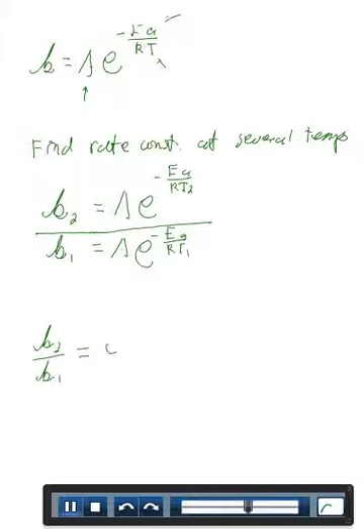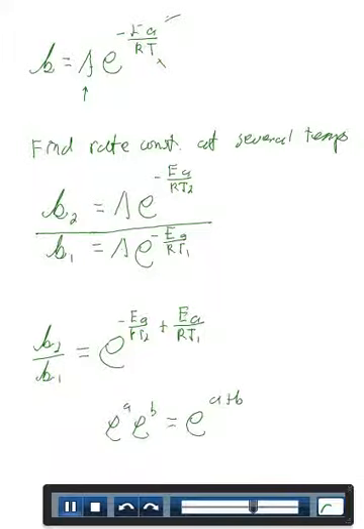I'm going to combine the exponential terms into one power. Now, use the fact that e to the a times e to the b is equal to e to the a plus b. Okay, now I can take the natural log of both sides of the equation.